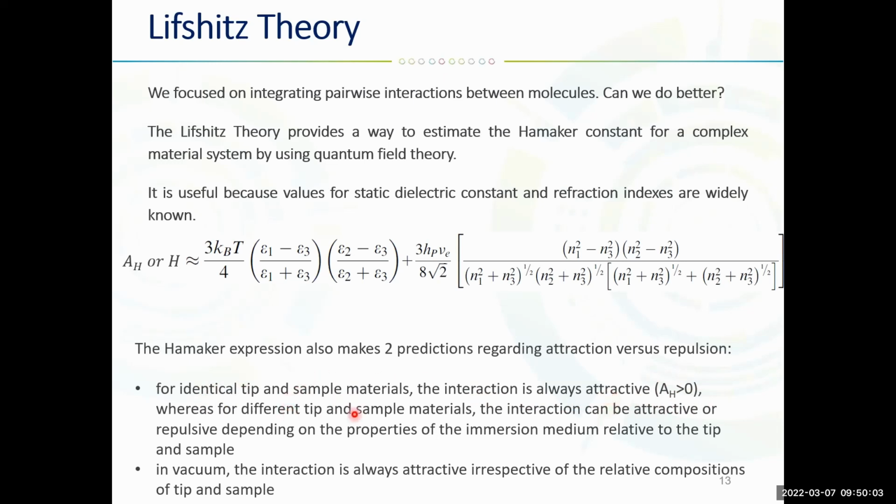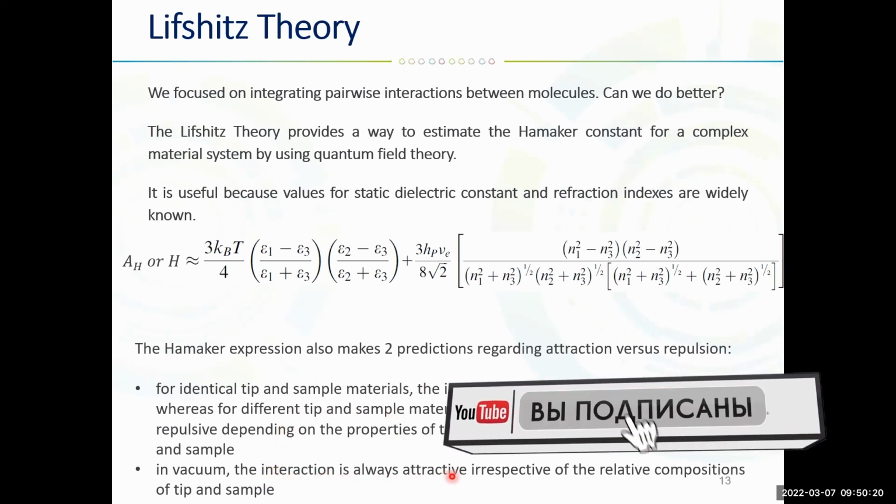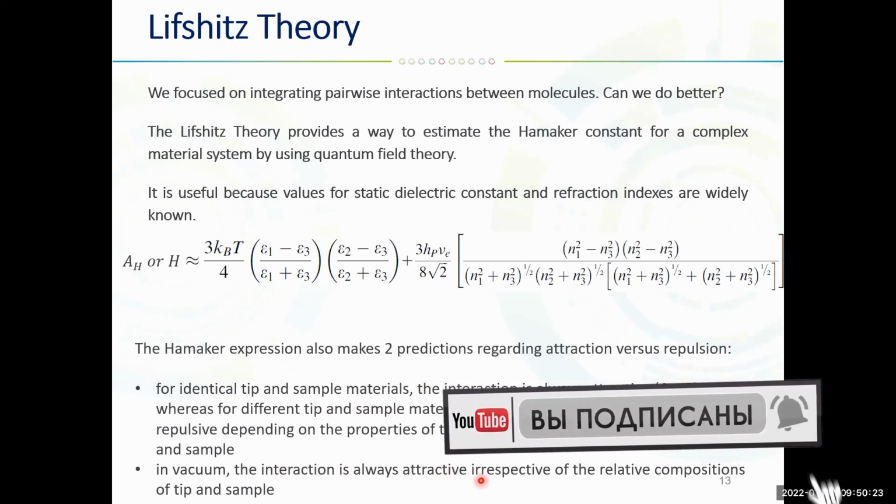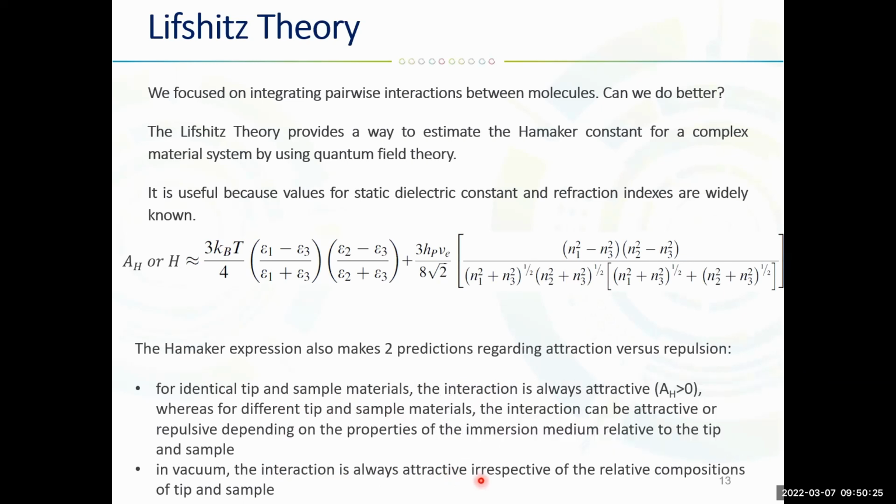If you have different tip and sample materials, then in this case the interaction can be attractive or repulsive, depending on the medium we have around the tip and the sample. And if we're talking about a vacuum, then the interaction will always be attractive, and it does not depend on the composition of the tip and the sample.